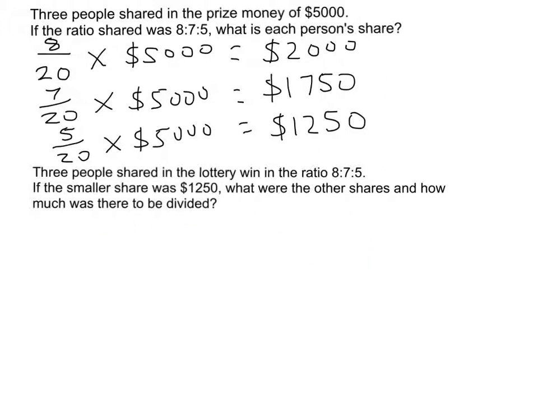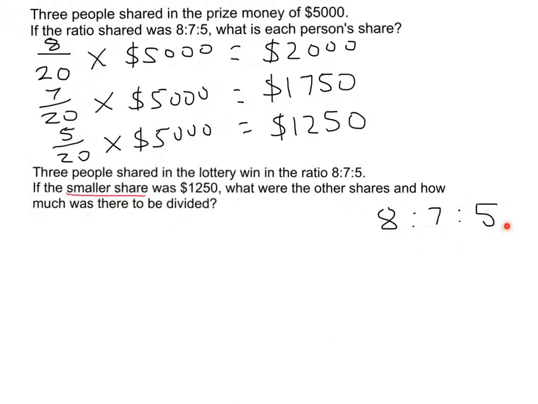So we need to get rid of that. If you read the question carefully, it's saying that the smaller share was 1,250. Now, if you look at this ratio, you'll see that the smaller share is actually the smaller number.